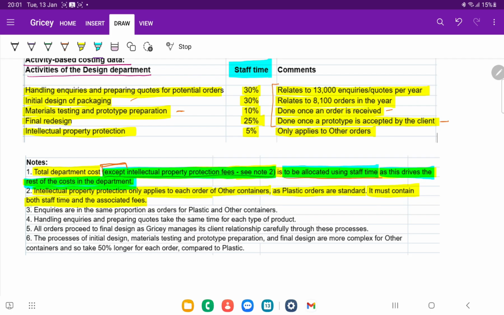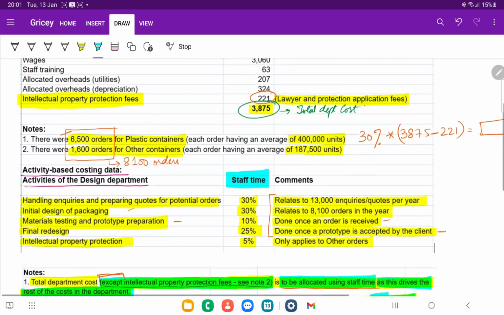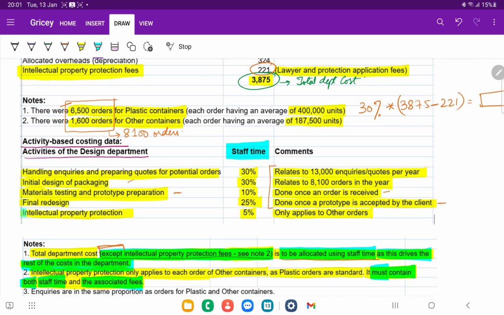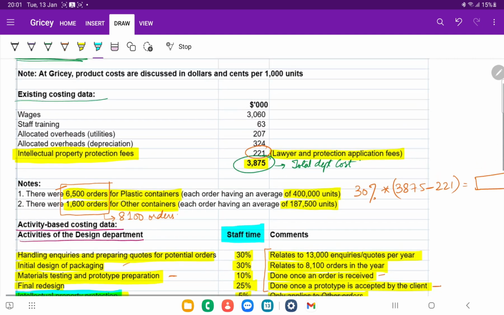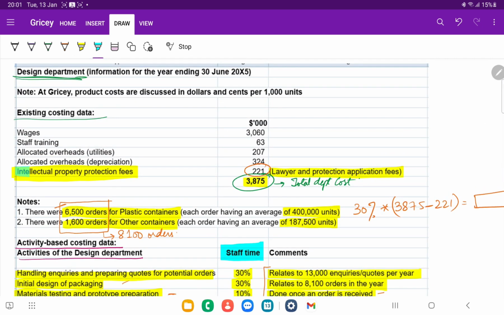Now this is an extremely important point. It must include staff time and the associated fee, right? So where is the staff time? This is something we shall discuss later.